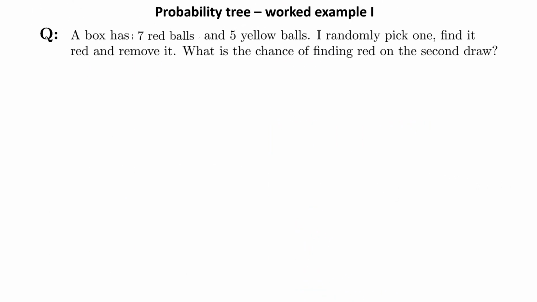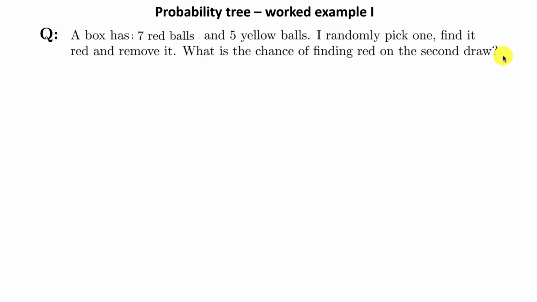Let's use the idea of a probability tree to work out some examples. Suppose there's a box which has 7 red balls and 5 yellow balls. I randomly pick one. I find it to be red and then remove it. What is the chance of finding red on the second draw?